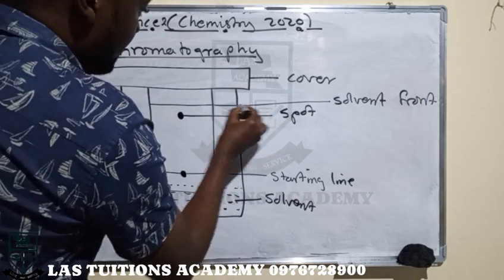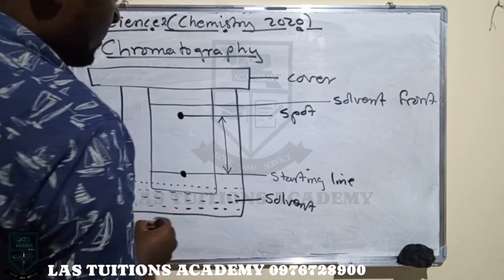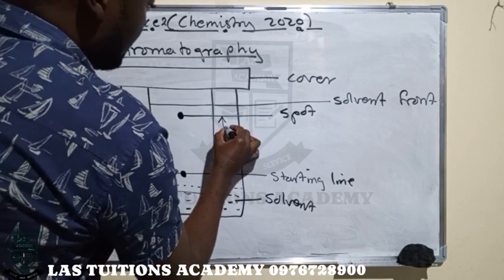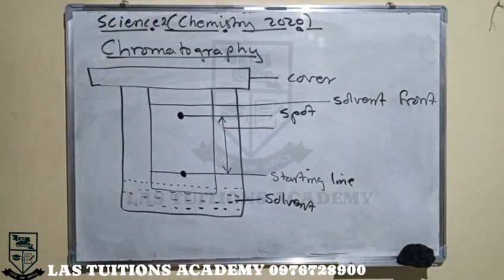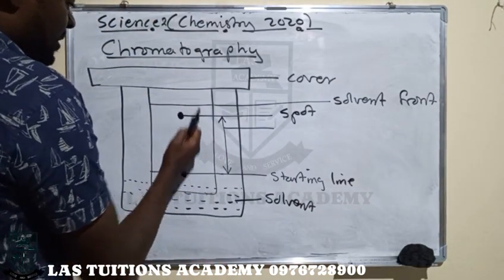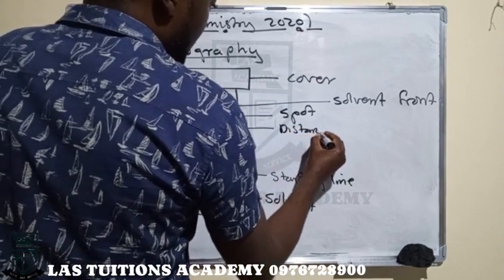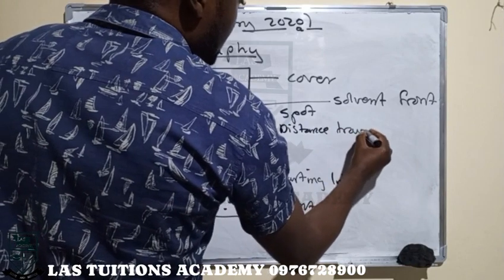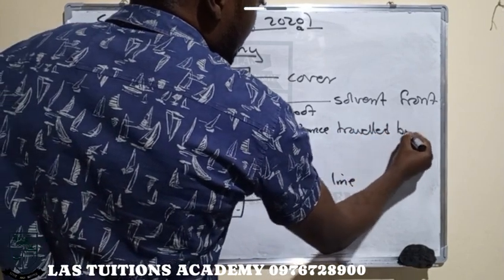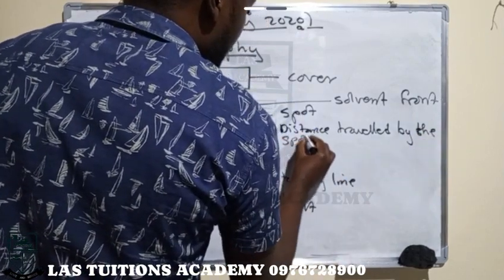From here, this distance is the distance that has been covered by the spot. This is the distance traveled by the spot, all the way from here to there.